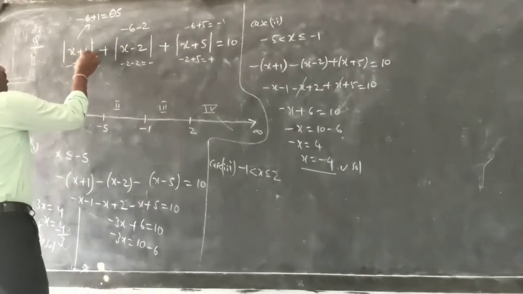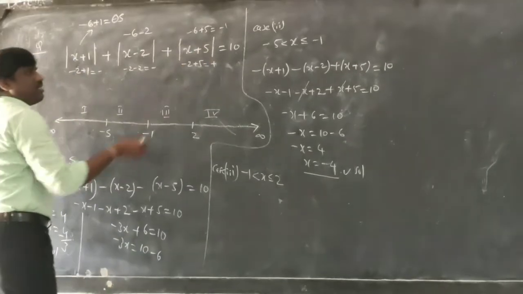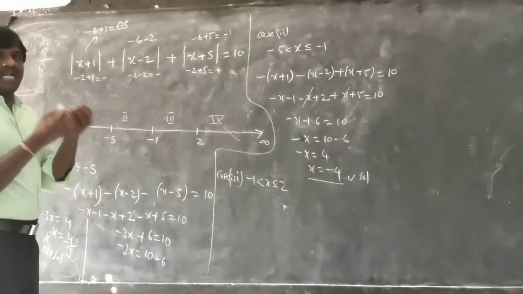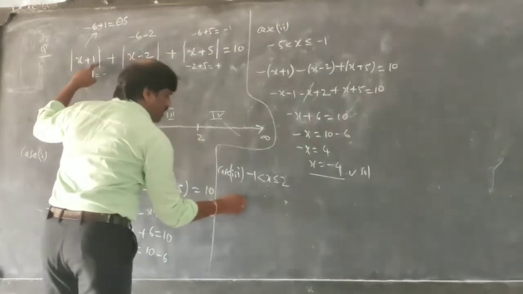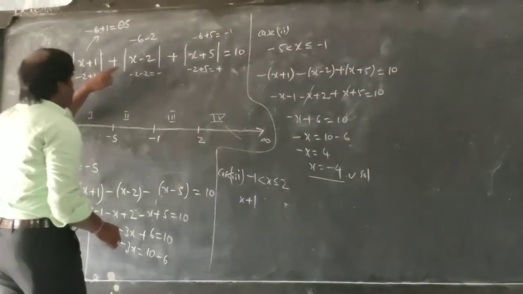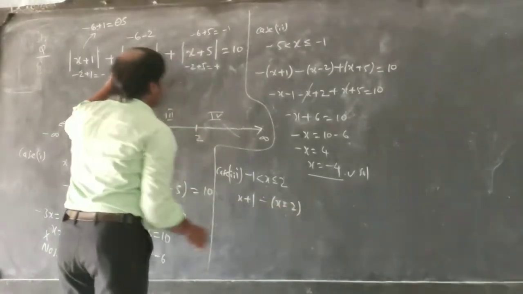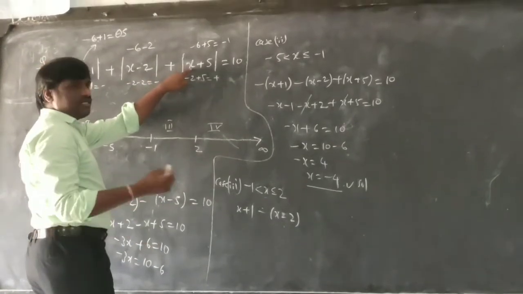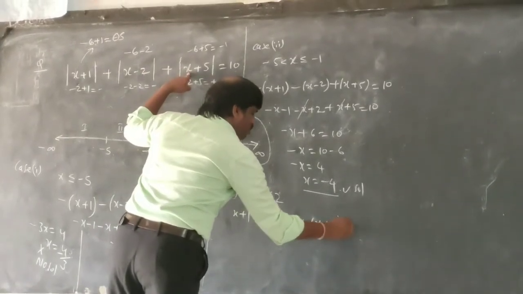Put 0 here. 0 plus 1 is positive. 0 minus 2 is negative. 0 plus 5 is positive. This simple addition you should know. So this is x plus 1 positive. 0 minus 2 is negative, so minus of x minus 2. And 0 plus 5 is positive, that is x plus 5, equal to 10.